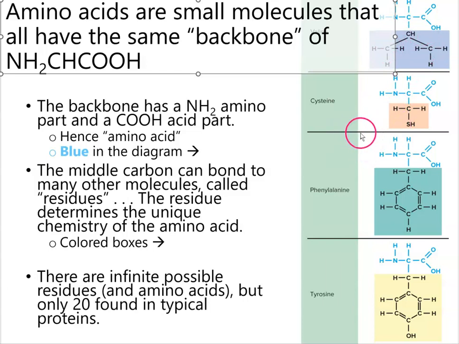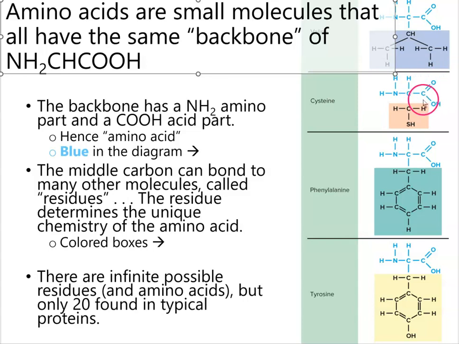So I said there are 20 different amino acids. Well, what they all have in common is this nitrogen, carbon, carbon, what we call backbone. This nitrogen is attached to two hydrogens, so it's an amine group, it's reactive. And this carbon is attached to two oxygens, so it's a carboxylic acid group.